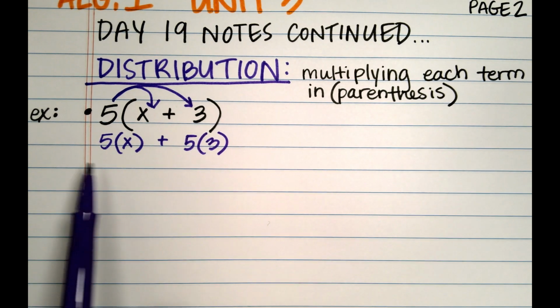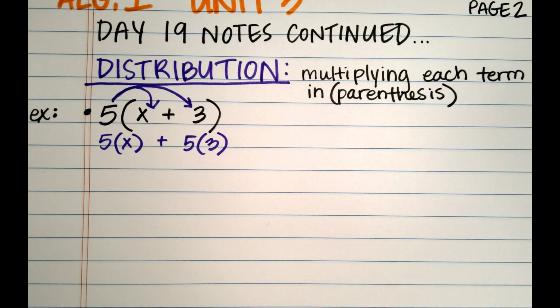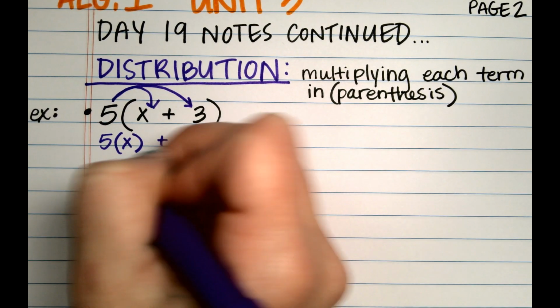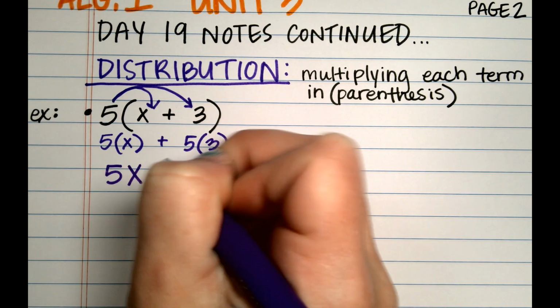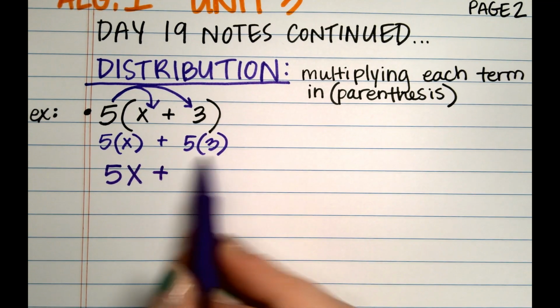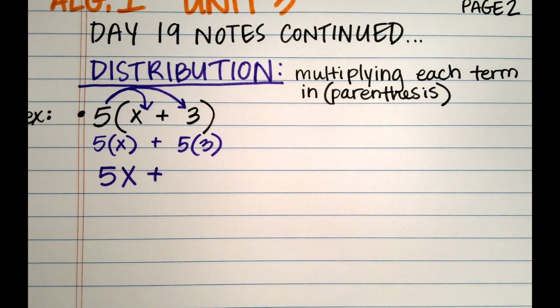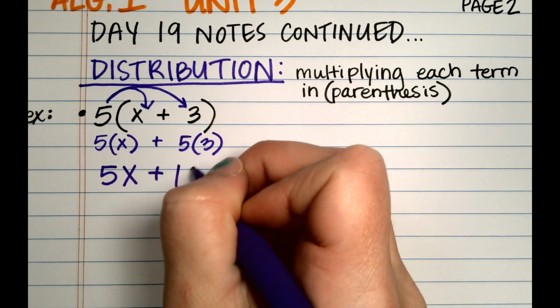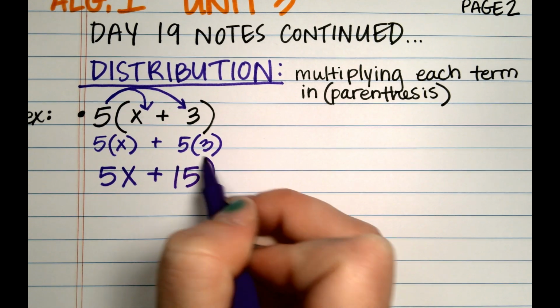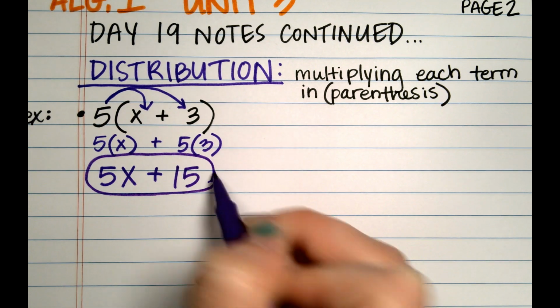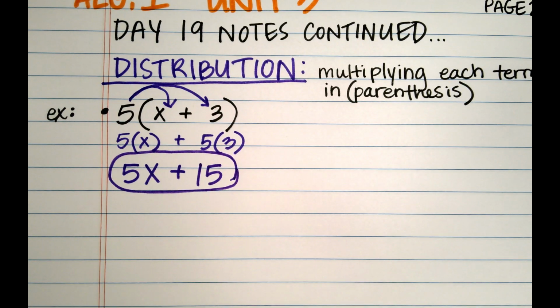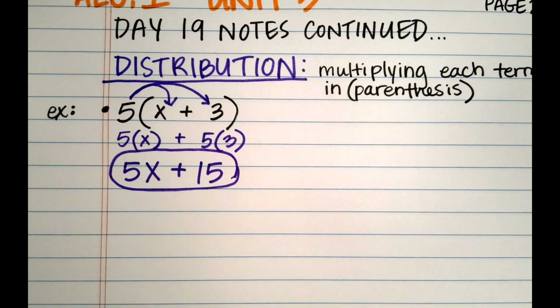What is 5 times x? 5x. Bring down my plus. What is 5 times 3? 15. Good. That would be our answer. There's our first example of distribution.